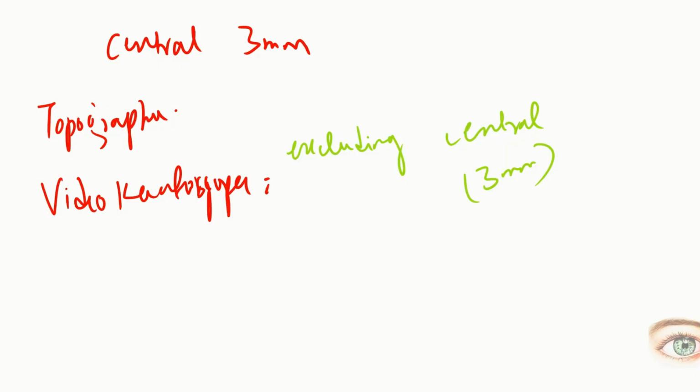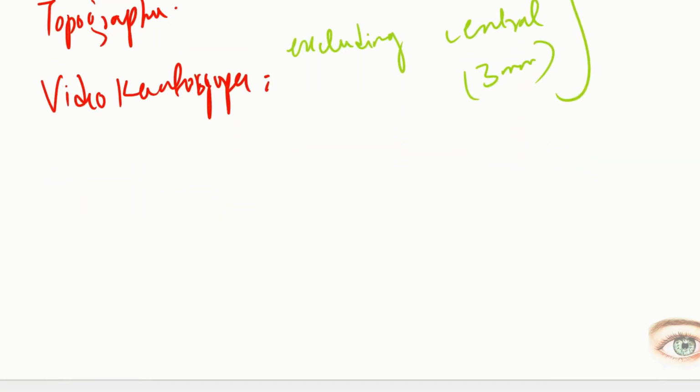So this is the advantage of the keratometer, that it does not miss the central optical zone. However, the topographers, the video keratoscopes, exclude the central 3 millimeter zone. And I am going to ask you a question regarding this in the near future, so you have to keep this concept in mind.